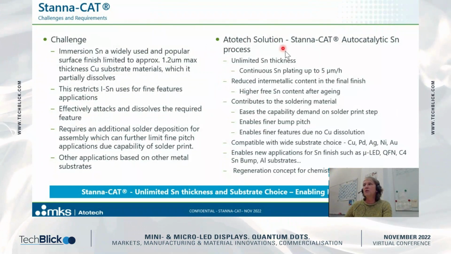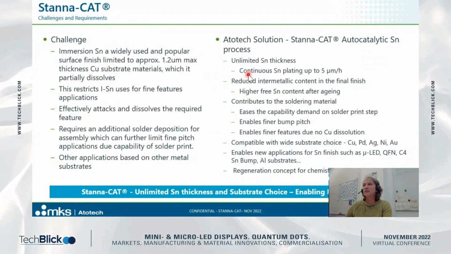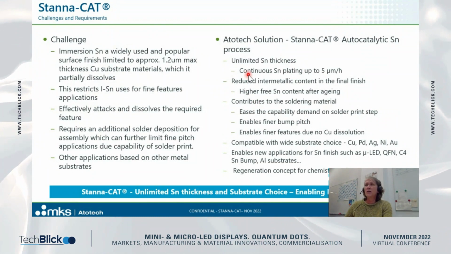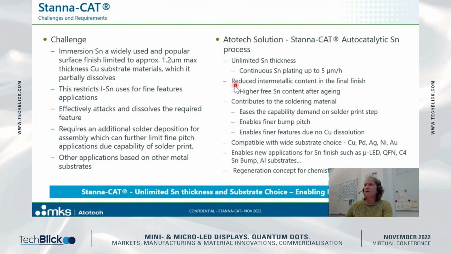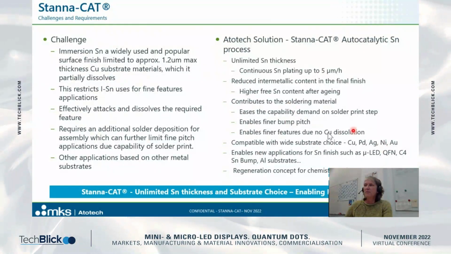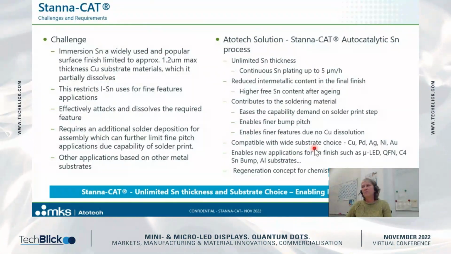So when we look onto the benefits of the autocatalytic process, there are several ones. You can deposit high thickness with a deposition rate of up to 5 micron per hour. You are not limited to the underlying metal, so you basically can deposit on any metal you'd like.